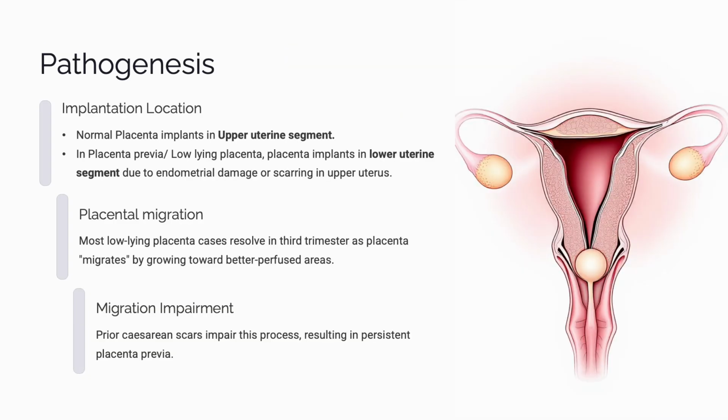Pathogenesis, implantation location. A normal placenta usually implants in the upper uterine segment, where the blood supply is the best. The theory is that with previous multiple pregnancies or myomectomy or scar, the fundus has been scarred so many times by previous pregnancies that the placenta tries to look for a new place to implant.